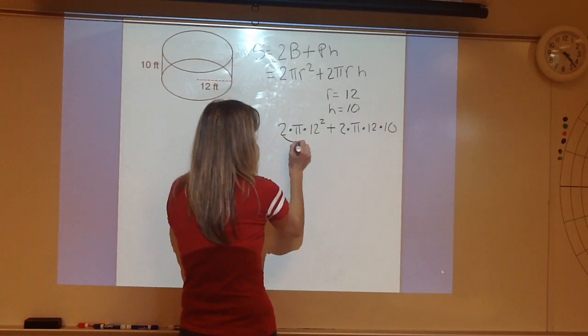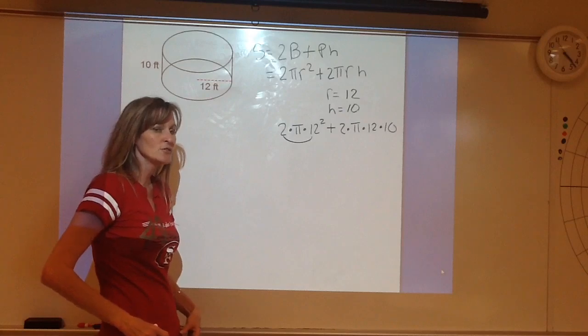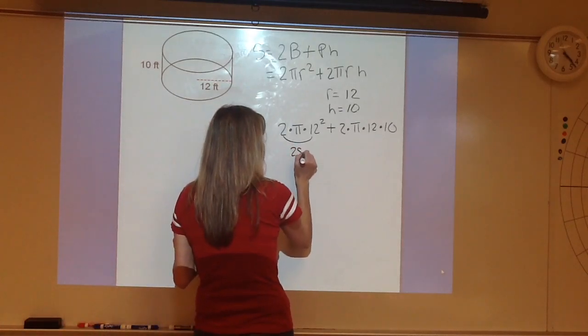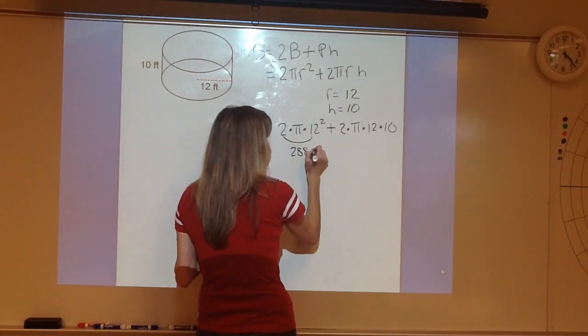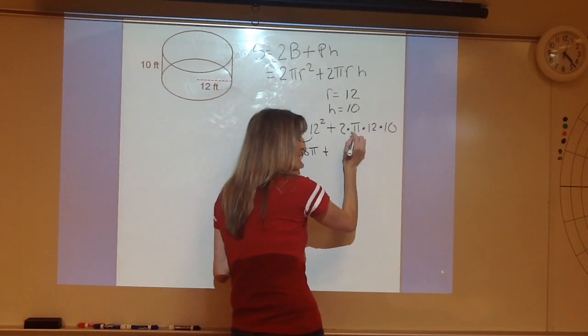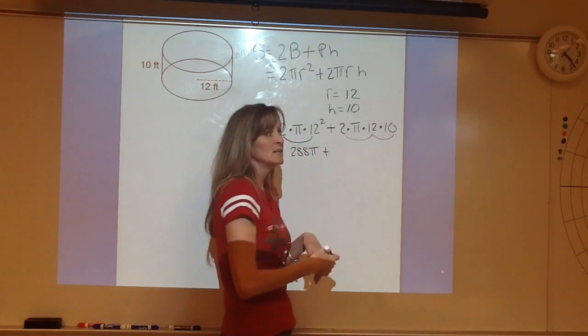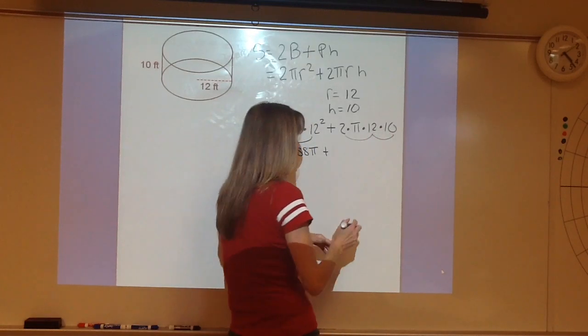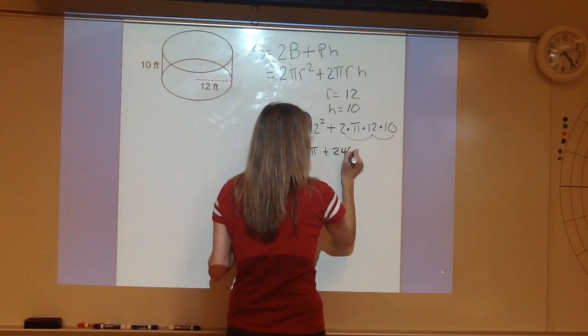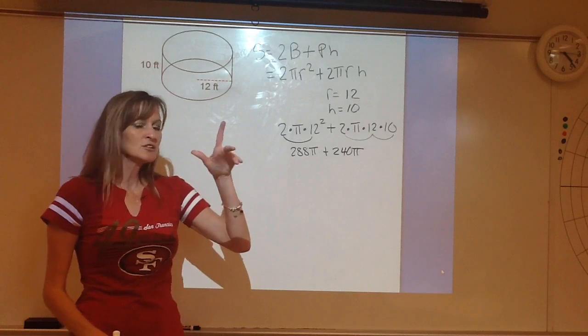So I'm going to go 2 times 12 squared, which should be 288. Now I'm going to put the pi on the end. Plus, now I'm going to ignore the pi, and I'm going to go 2 times 12 times 10, which should be 240. And I'm going to put the pi on the end. So I'm not really doing anything with the pi.